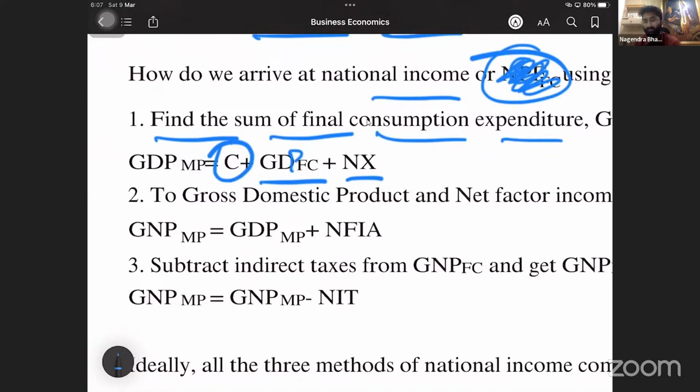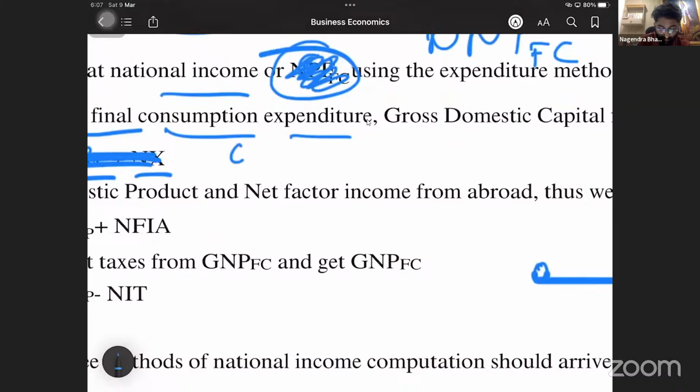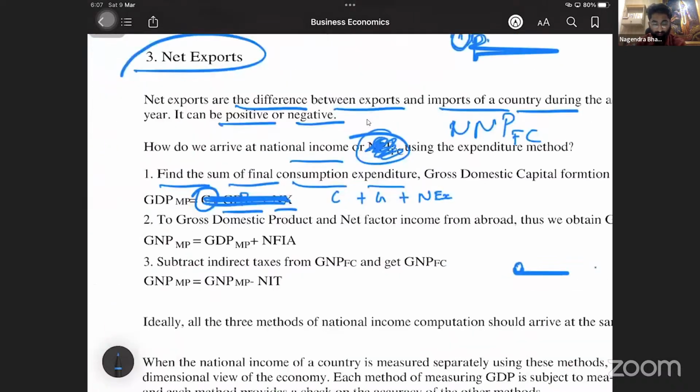GDP at market price is equal to consumption expenditure plus government expenditure plus net exports. So you have to do it like this. Then add net factor income from abroad.